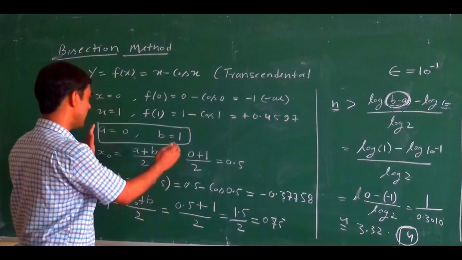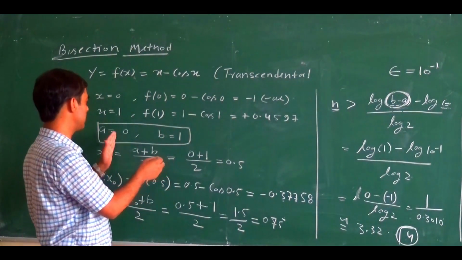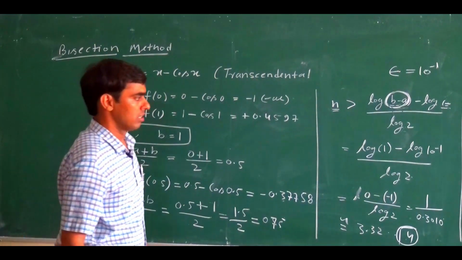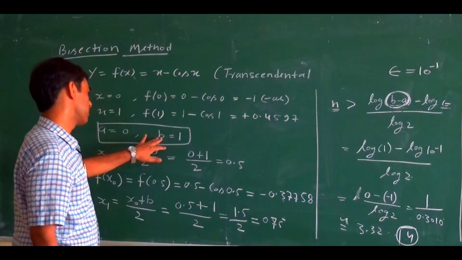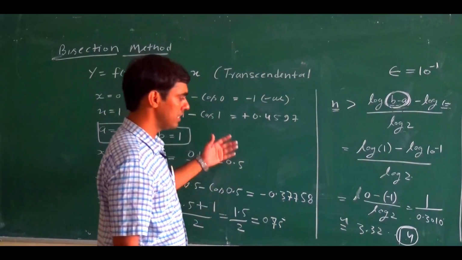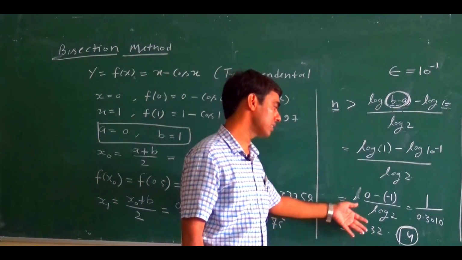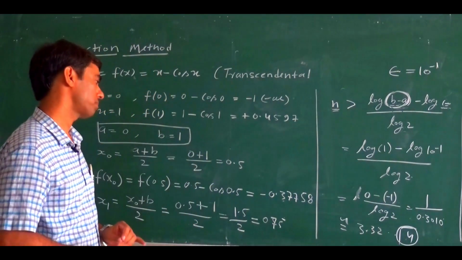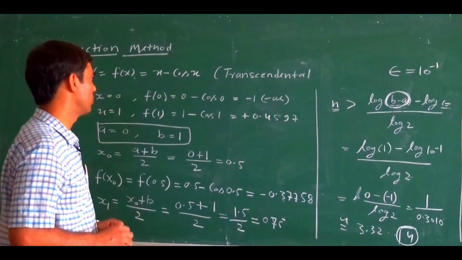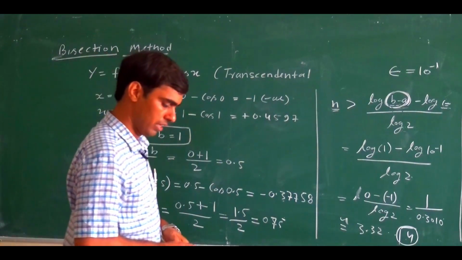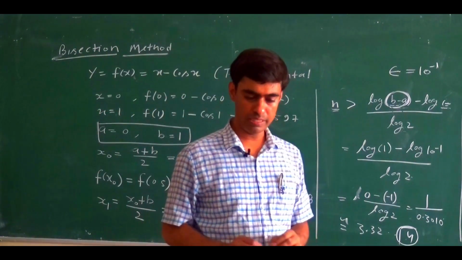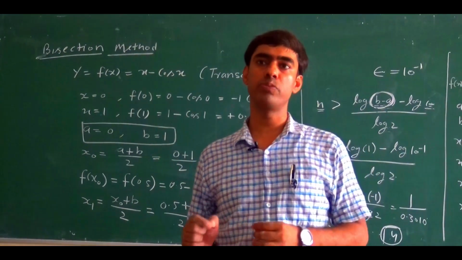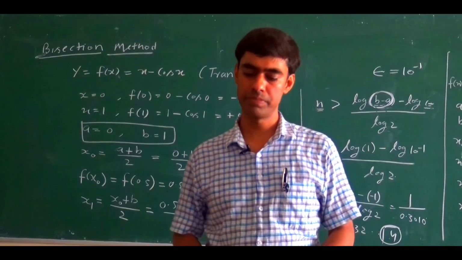If a and b are close, say a is 0.5 and b is 1, then obviously n is less than 4 for the root correct to 1 decimal place. So this is an example of how we solve a transcendental equation by the bisection method.